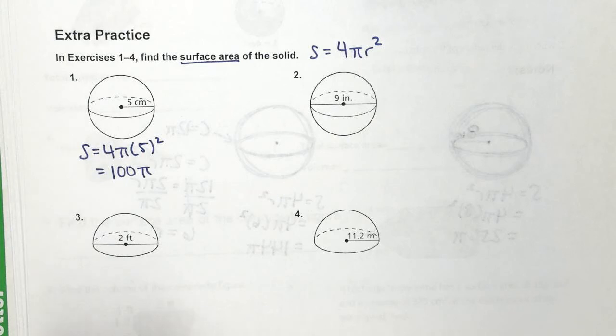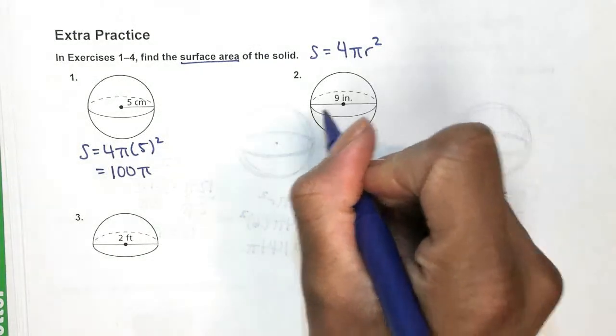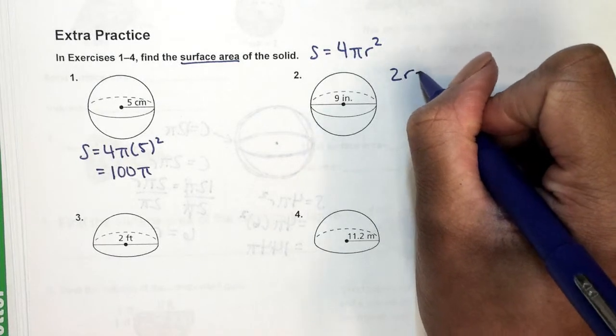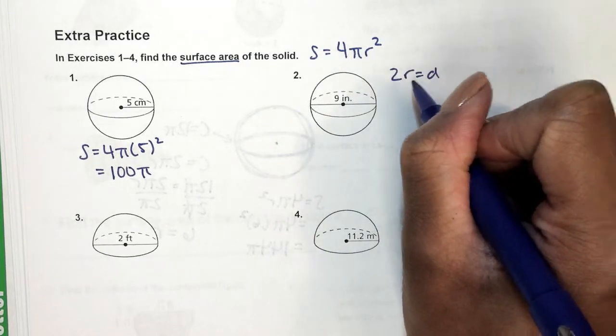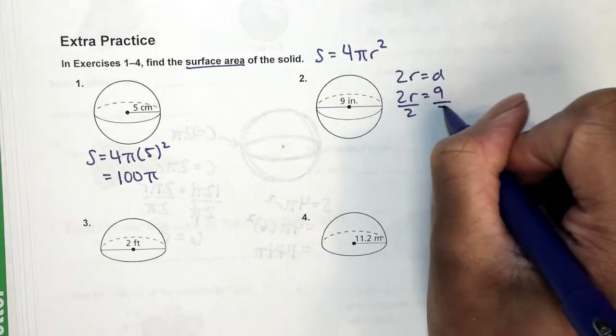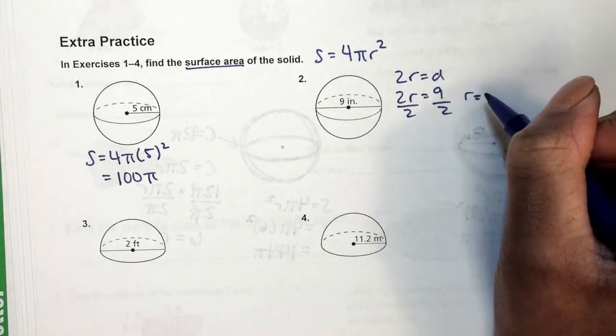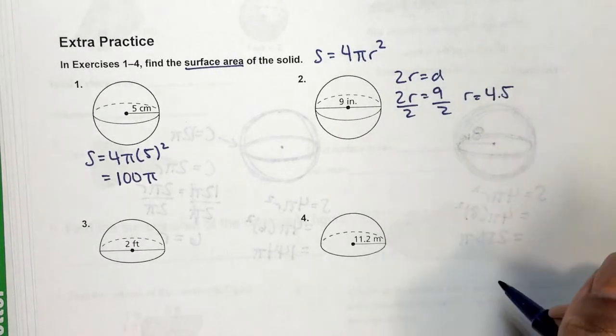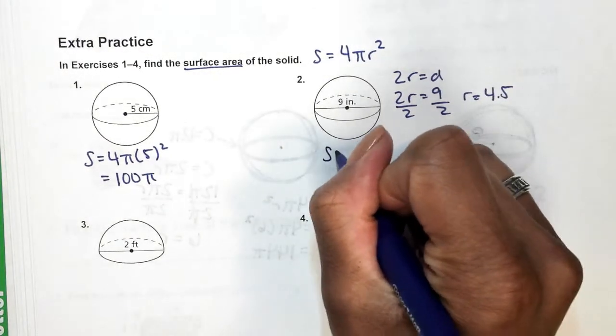Number 2, we are given the diameter as 9. Remember, 2 times the radius equals the diameter. So if the diameter is 9, when you divide by 2, the radius is going to be 4.5. So we can plug this in.